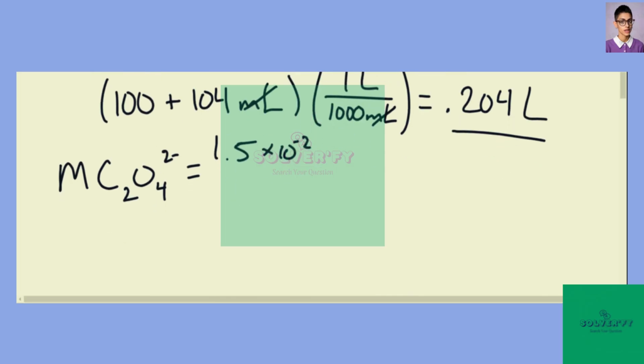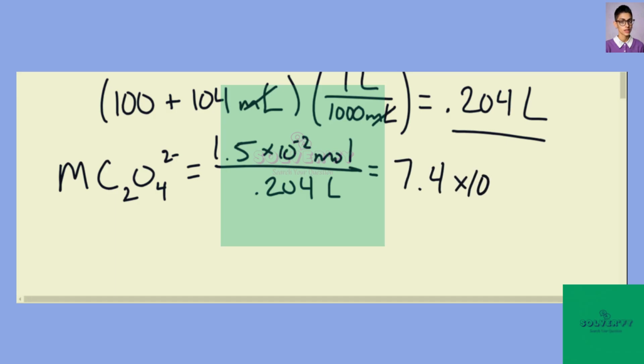I just put it into scientific notation. Moles, and then we divide it by 0.204 liters. And so that equals 7.4 times 10 to the negative 2 molar. Okay, so we have our concentration now.